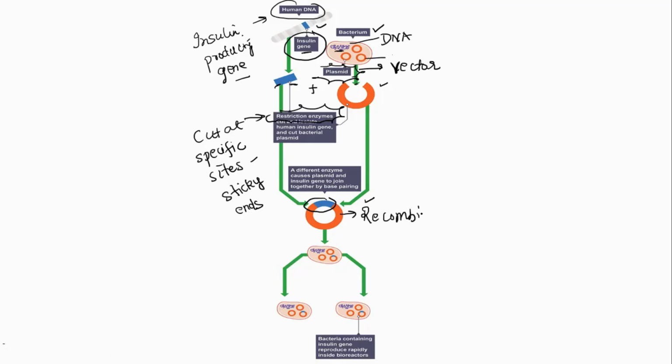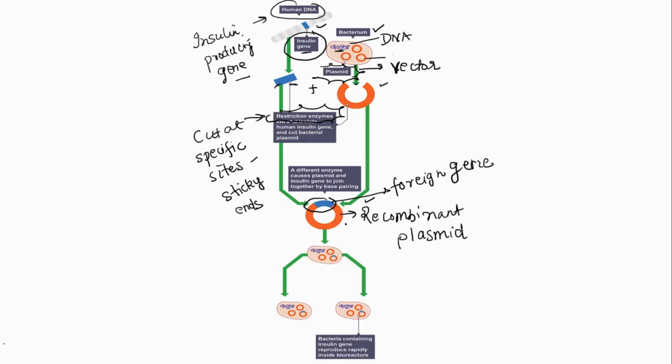A recombinant plasmid is the plasmid which has been genetically engineered and carries the foreign gene. Foreign gene is nothing but the gene of interest. All right?